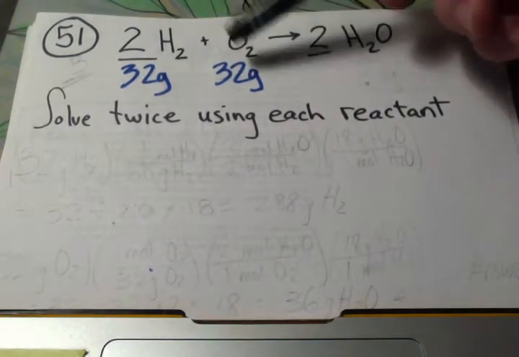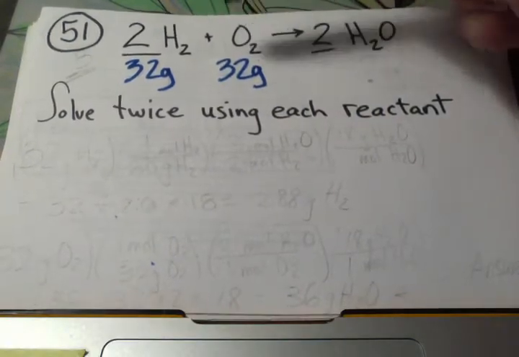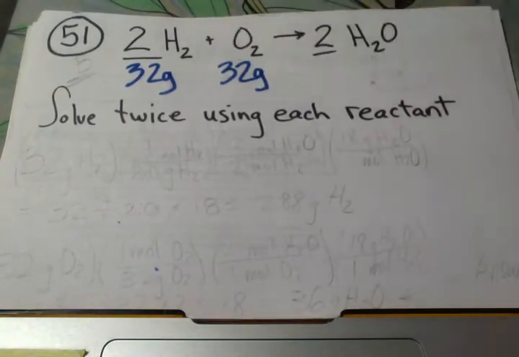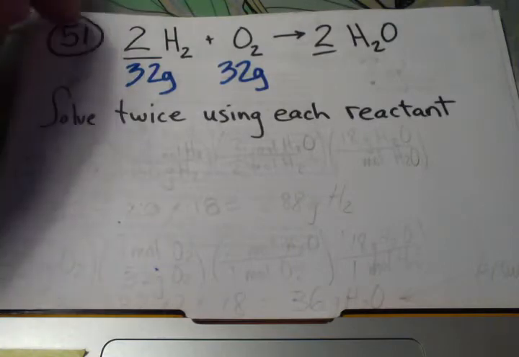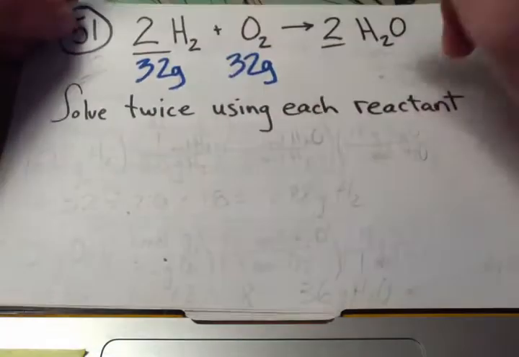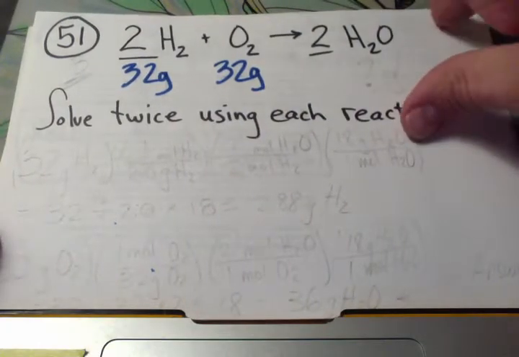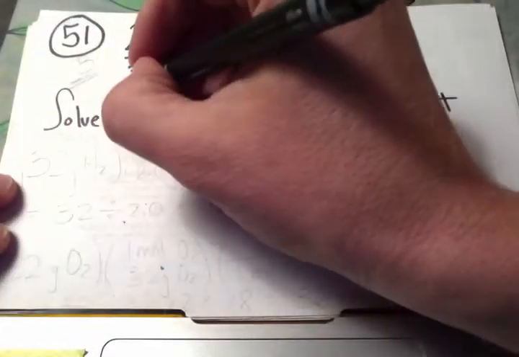So some people can look at that and say that's got to be limiting, because oxygen's a heavier gas, so that's fewer molecules. But let's see here, because we do need twice as much hydrogen. If you're going to solve this twice, just start there.